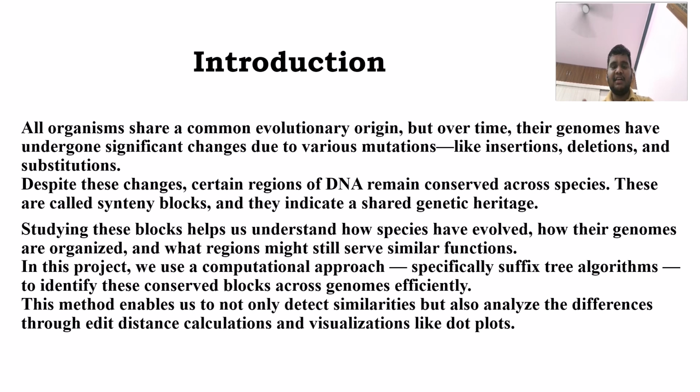But there are some regions that are conserved in our DNA across species, and these conserved regions are called synteny blocks, which indicate common heritage. By studying these synteny blocks, we can find how the evolution process happened. In this project, we are using a computational approach mainly based on suffix trees.